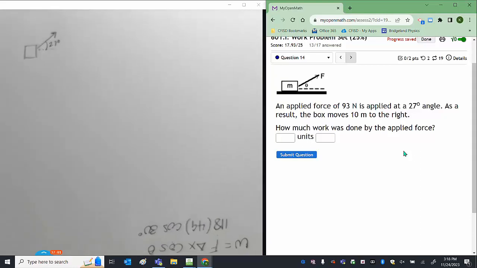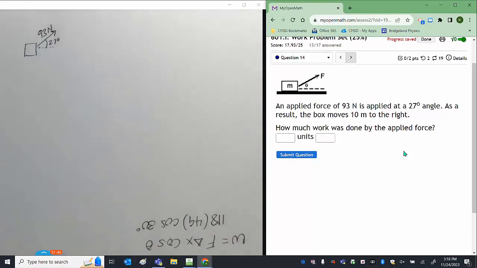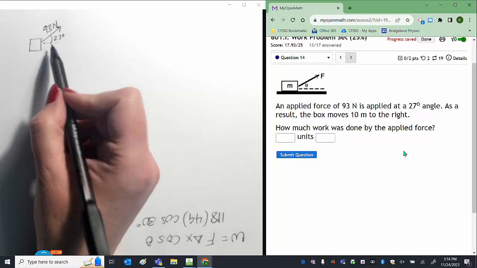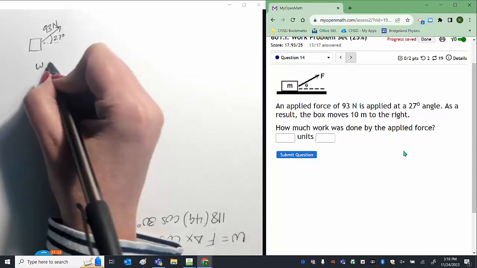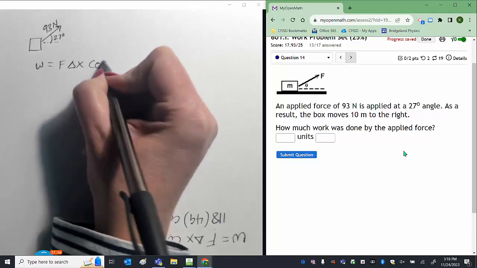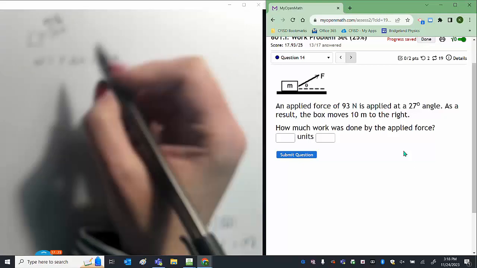So this 93 newtons, only a portion of it is responsible for doing work. I can find that portion using trig. Or I can go straight to my equation and use that dot product equation, F times delta x times cosine theta. And it's the same process. Either way, we get the same answer.